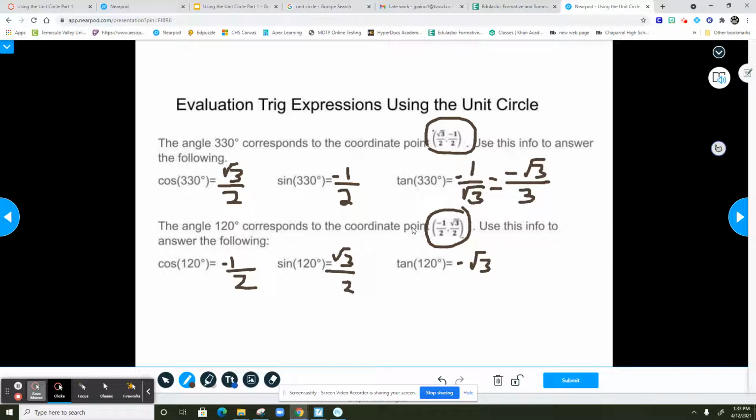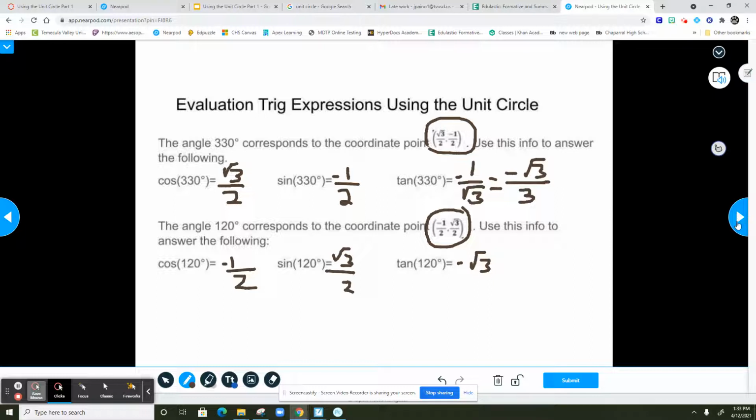Right when you get to pre-calc and your teacher makes you memorize it, on all the tests, it's a smart idea to draw the unit circle, at least the first quadrant of the unit circle, and then do the reference angle trick that we just talked about. All right, so you got to know the unit circle to make this stuff a little bit easier on yourself.